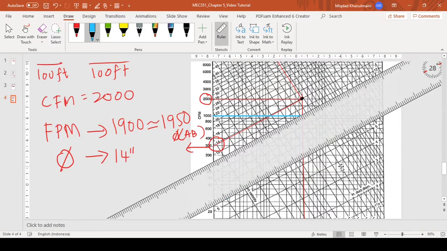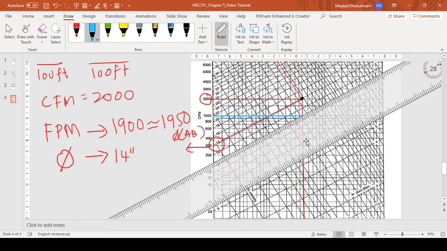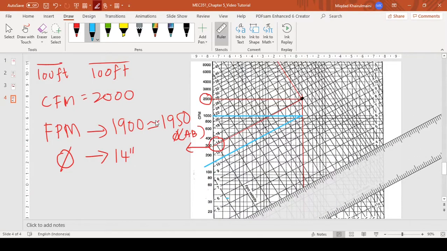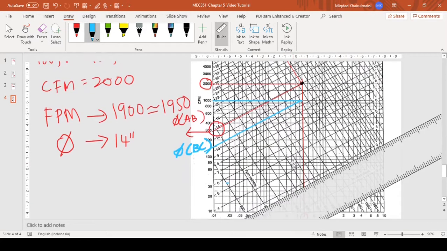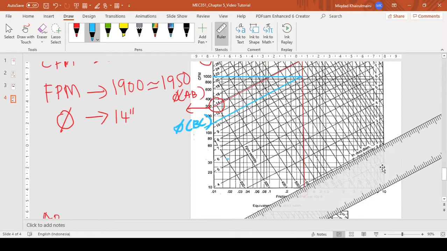Alright, so the line here is for diameter BC. Okay, and then we can draw the line for FPM.